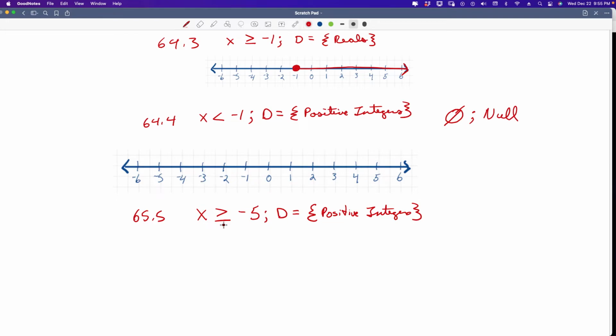So what's the first positive integer that's greater than -5? This one. Then you have this one, and this one, and this one. So basically your domain is going to be all positive integers because they're all greater than -5. That is all we can do for that.